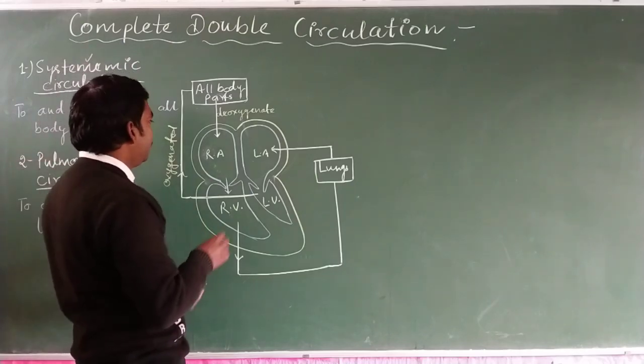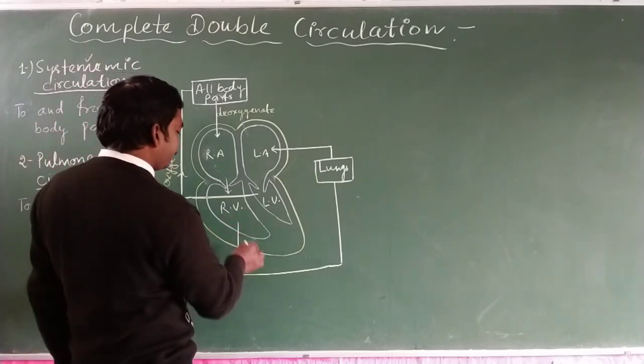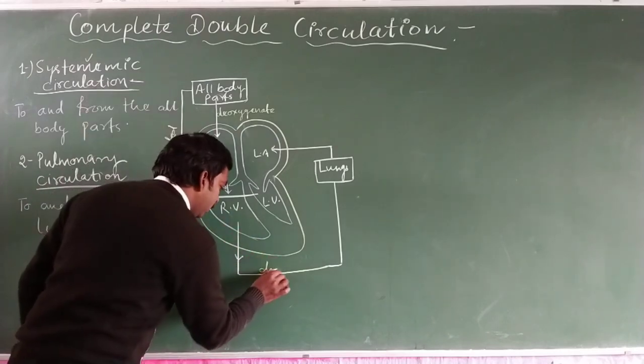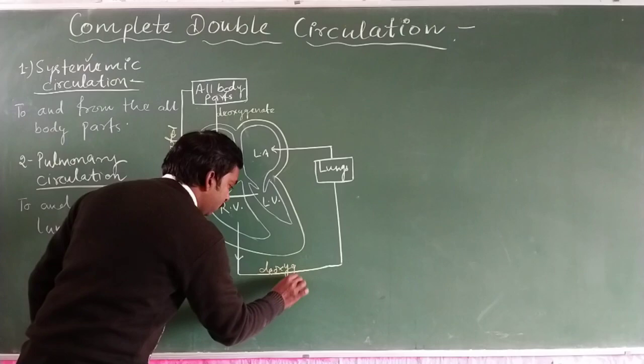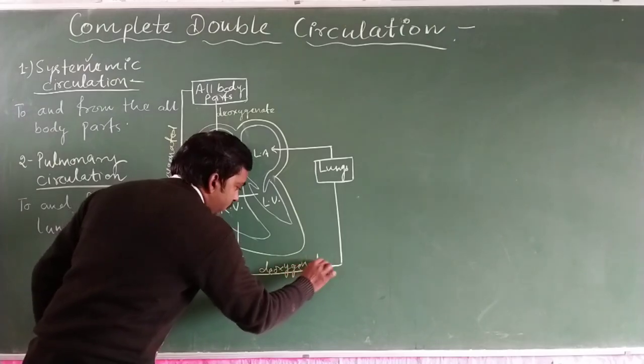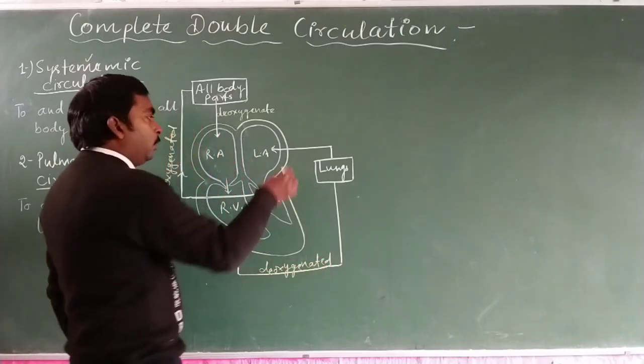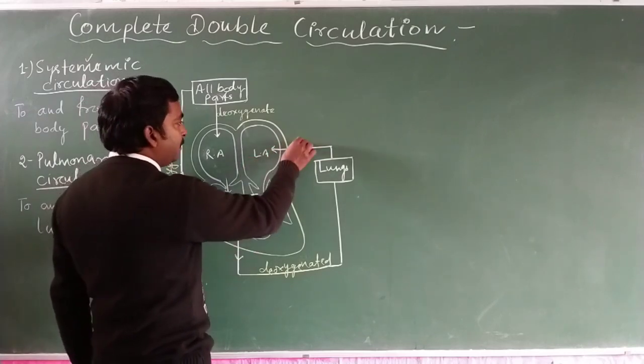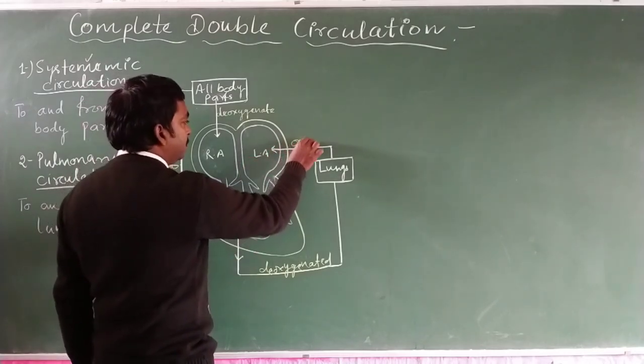It means in pulmonary circulation the ventricle pumps deoxygenated blood, while the left atrium receives oxygenated blood.